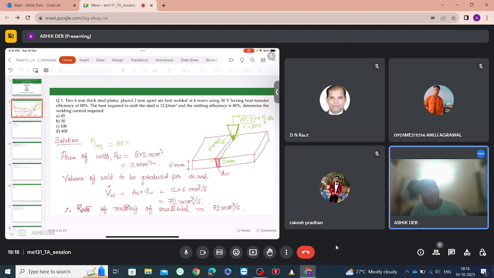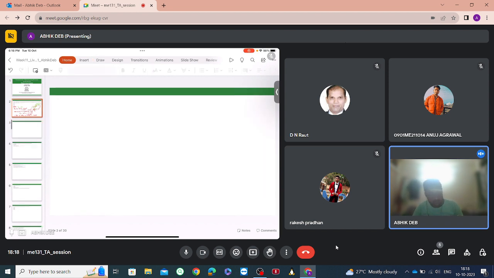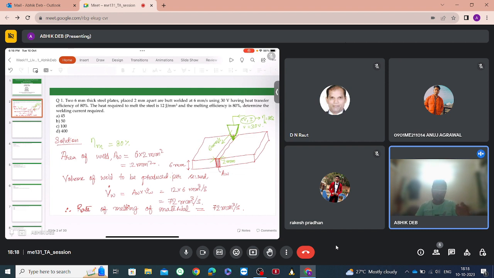Now, energy is to be supplied at this rate such that 72 millimeter cube of material is melted per second.